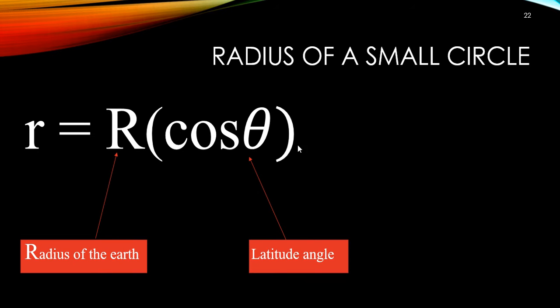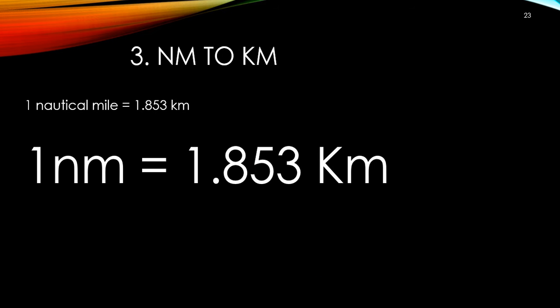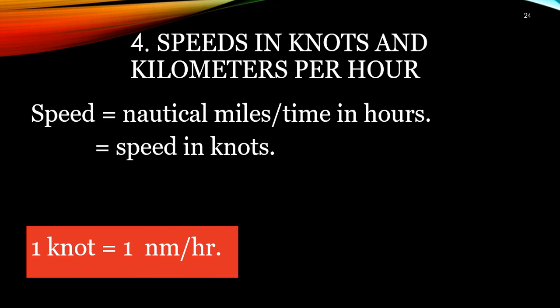For the radius of a small circle, we have R cos theta, where R is the radius of the Earth and theta is the latitude angle. And from nautical miles to kilometers, 1 nautical mile is equal to 1.853 kilometers.